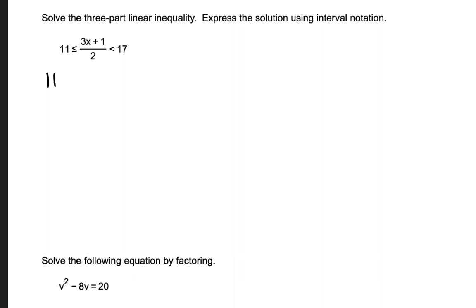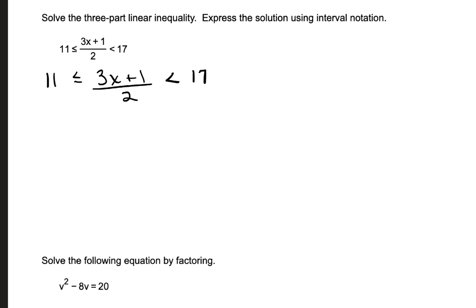Notice there's 2 inequality signs. Basically, you treat this like a regular equation, kind of like it has 3 sides to it. So whatever you do to one side, the middle, you need to do to both sides, or all 3 parts. Our goal here is we want to get x by itself in the middle.